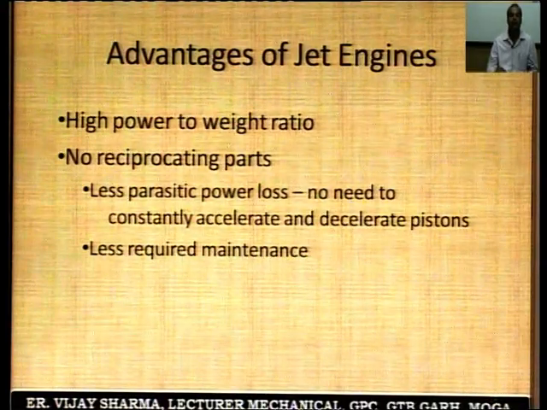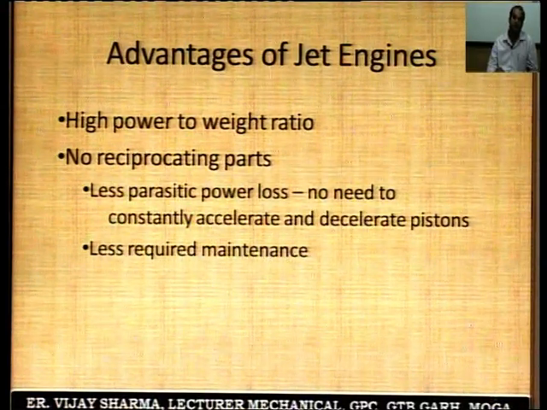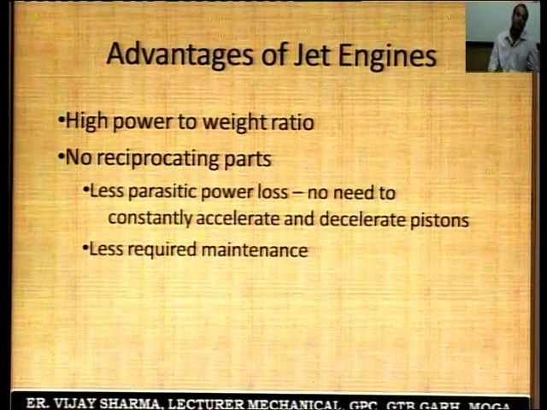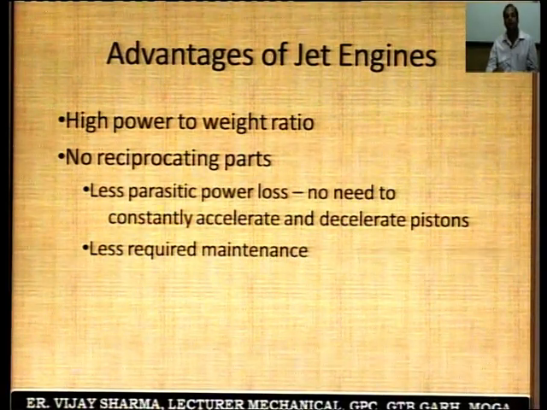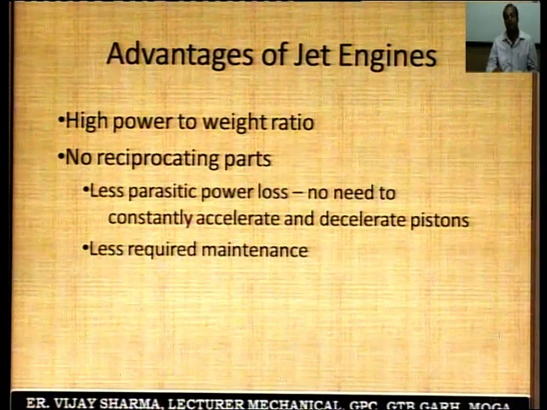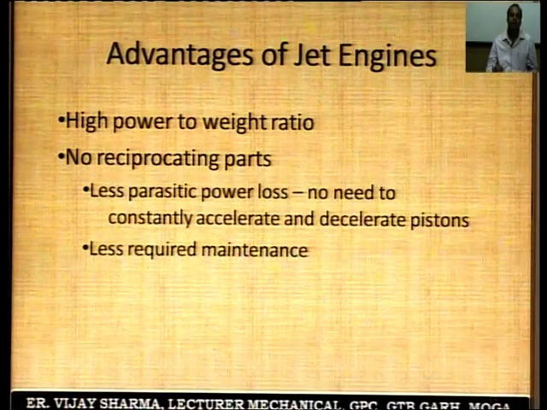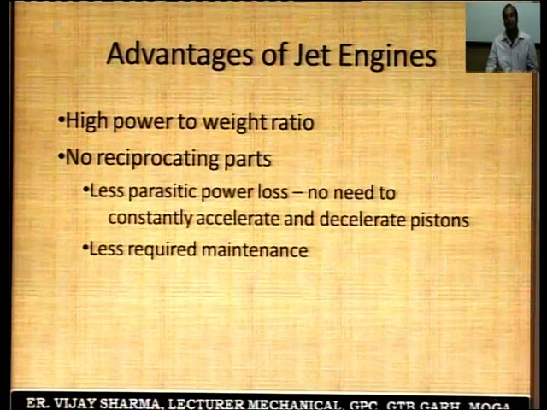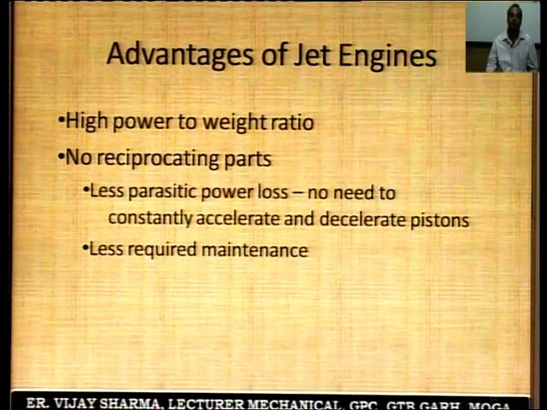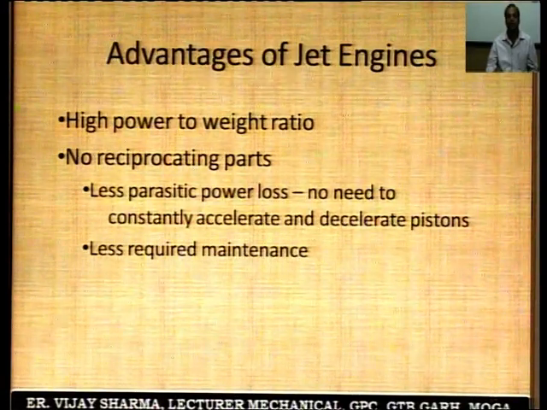Now let me discuss the advantages of jet engines. The first major advantage of a jet engine is a high power to weight ratio. It means we can produce very high power at less engine weight. Second, the major advantage is no reciprocating parts.